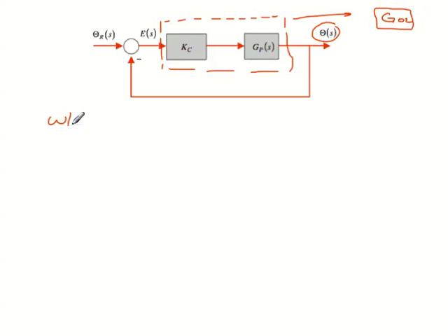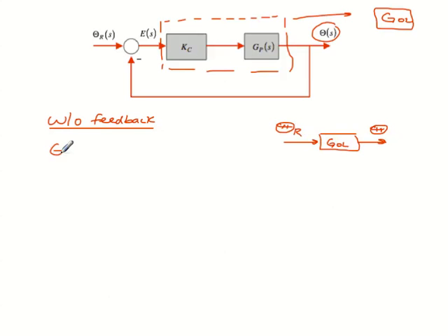So if I first look at the case without feedback, let's say that we disconnect our feedback loop, we've got GOL, our output of theta, and an input of a reference position theta r.